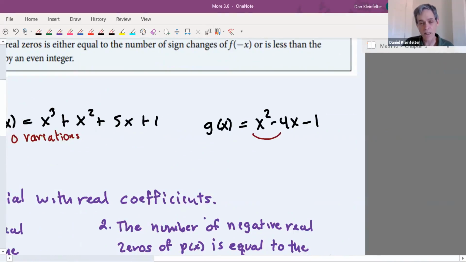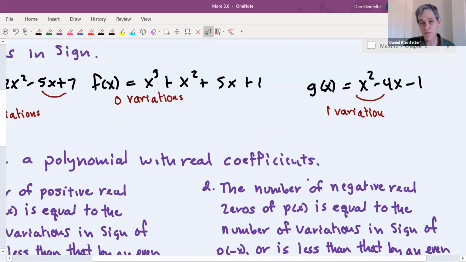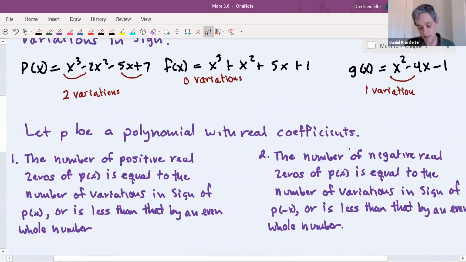That's one sign change, and then it stays negative. So there's only one variation. When you're counting variations in sign, what you're doing is just scanning the formula for the function left to right and counting whether or not the sign on the coefficient changes in moving from one to the next. Each time there is a change, you want to count that, accumulate that.